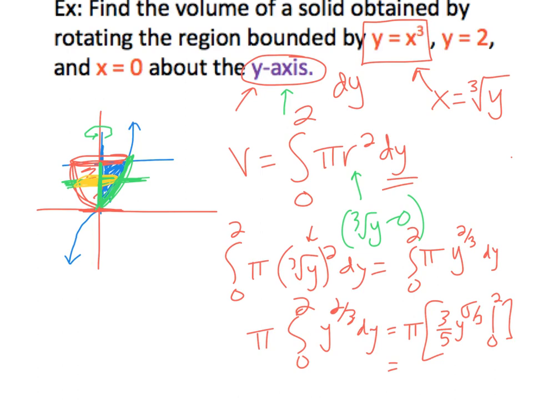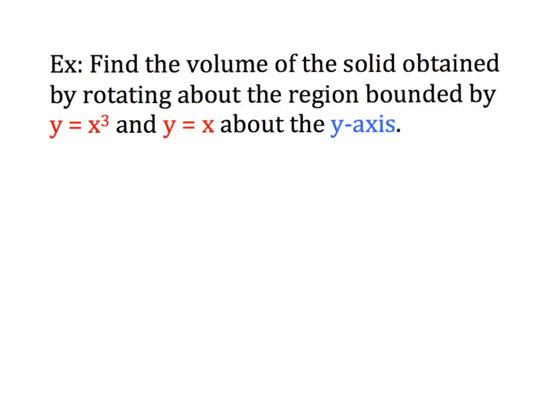And then the last topic is looking at some strange shapes. So let's take a look at one more here, rotating about the y-axis again. Remember, if it's about the y-axis, we should be thinking dy, and your bounds are with respect to y. I'm going to add one thing to this problem. I'm going to say that we're going to focus on just quadrant 1 here, because you're going to notice it overlaps a couple places.